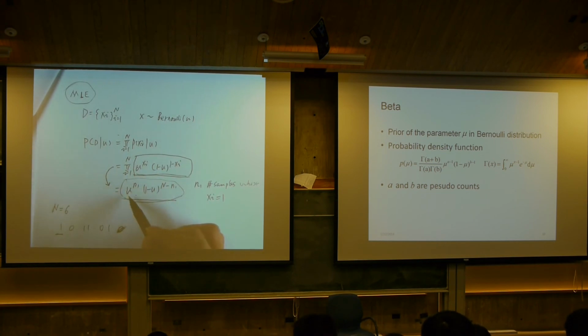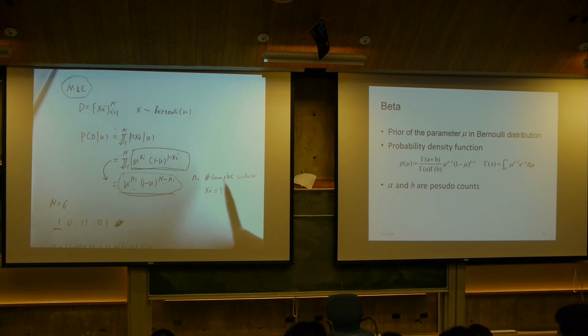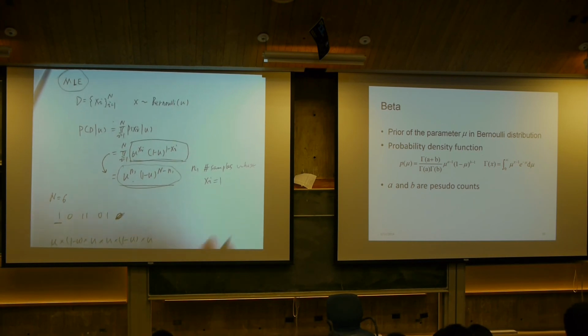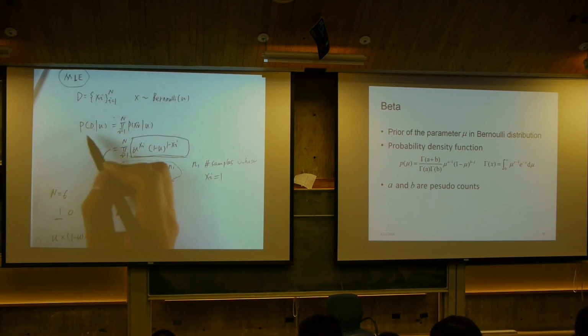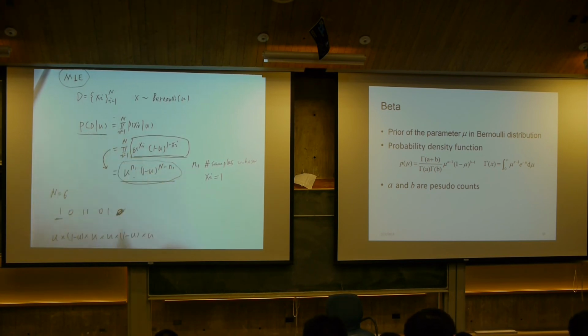This trick here is very important. Later when we talk about the multinomials and Dirichlet, we also use this trick. So now we get the likelihood function P(D given mu). To estimate mu, we take the log of it.